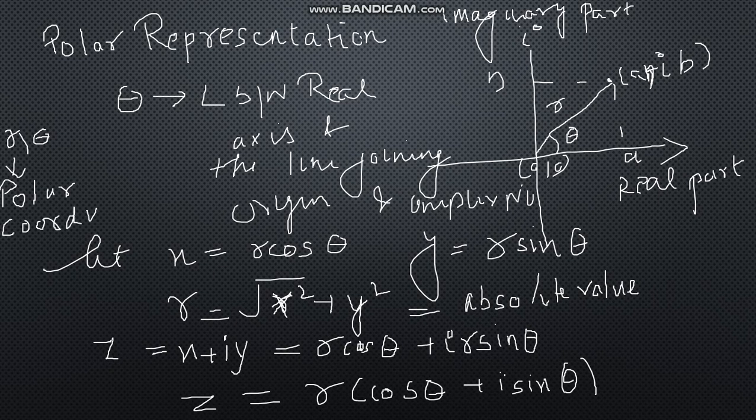The form z is equal to r (cos theta plus iota sin theta), which is shown on the screen, is known as polar representation.